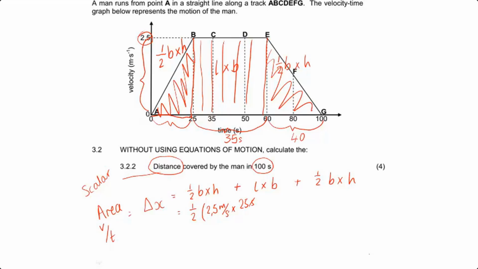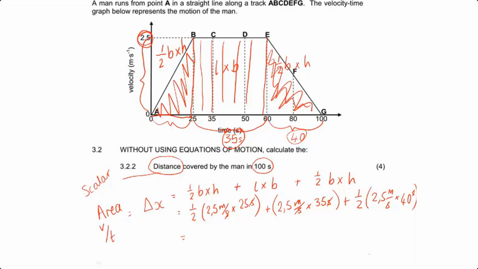We can see the seconds cancel, so that ends up with meters, plus length times breadth for the middle rectangle. So we've got 2,5 meters per second, and that's multiplied by this 35 seconds. The seconds cancel. Again, we have a unit in meters there. And now we have half 2,5 meters per second multiplied by 40 seconds. Again, the seconds cancel. We've got meters.